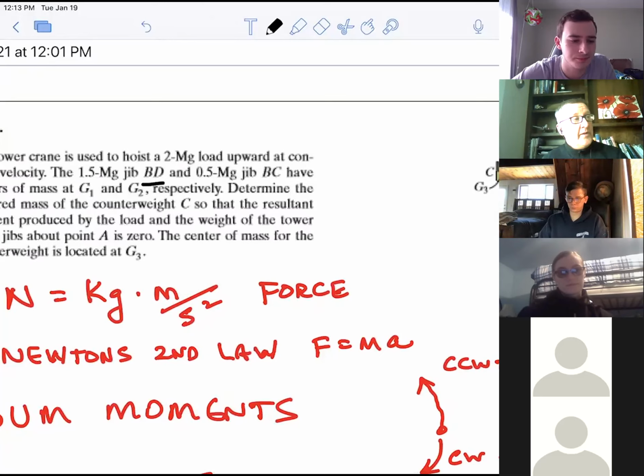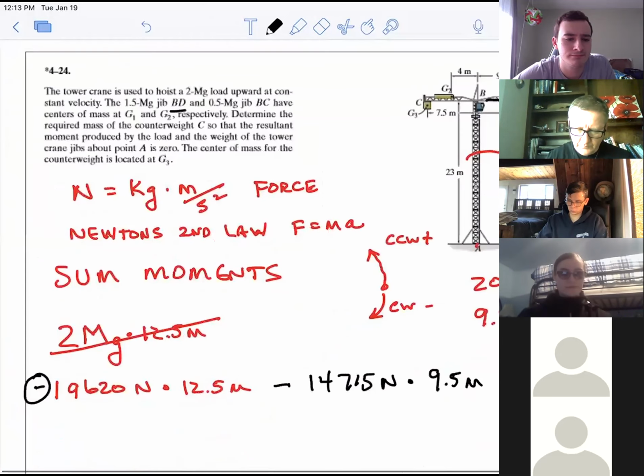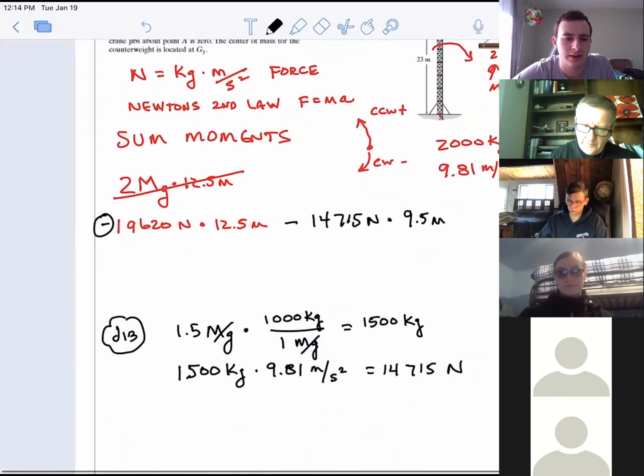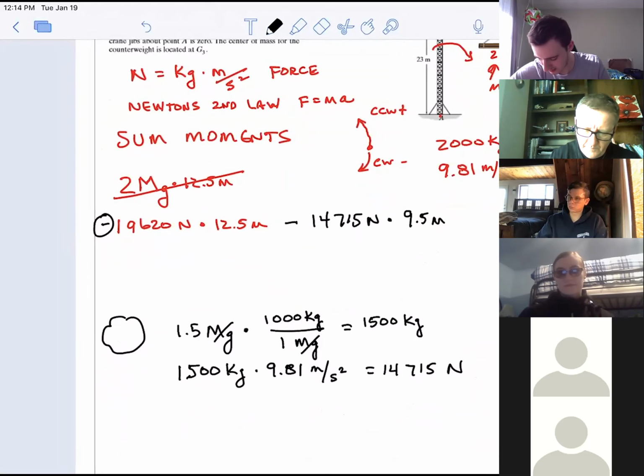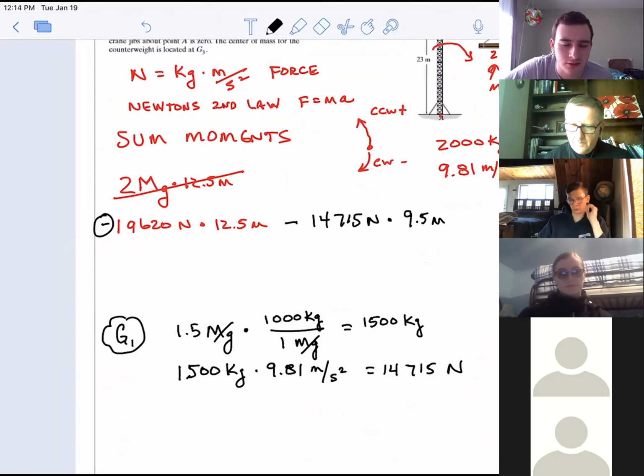Really, they're just telling me G2 is at 0.5. That's what they're telling me, right? Are they saying that G2, that whole jib's combined center of mass, is at 4 meters from the left.